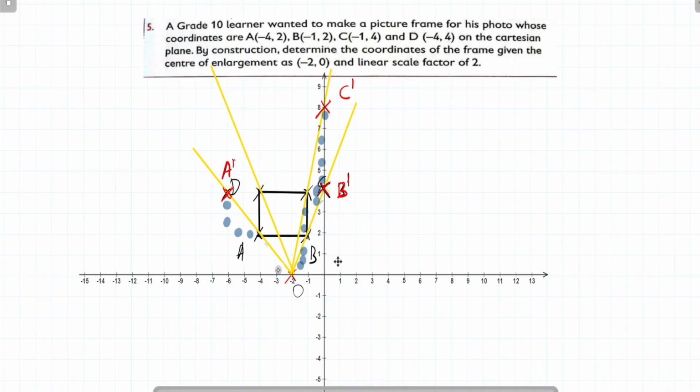So we go the same way, the same process, 1, 2 and then 1, 2. You do the same thing again. Sorry, no, it's 1, 2 then 1, 2, 3, 4. So you do the same thing, 1, 2 then 1, 2, 3, 4. So your D prime is supposed to be here.